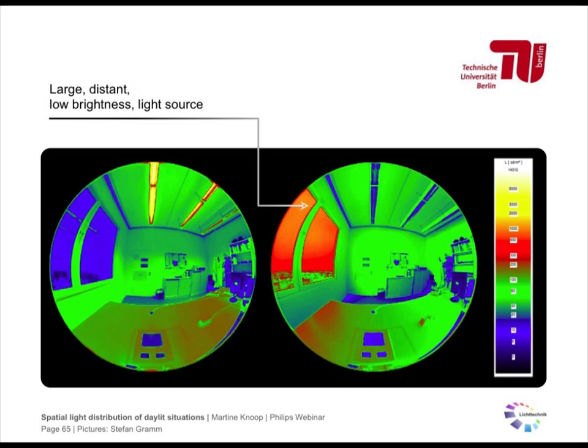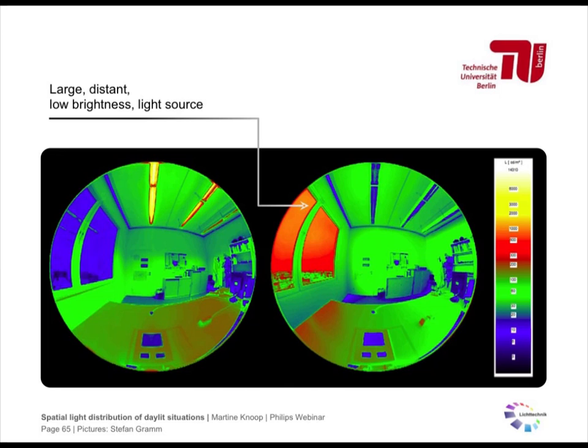So if we go back to the luminance pictures of the PhD research of Stefan Gram, as said, color temperature was kept constant, horizontal illuminance was kept constant, but there are three things that really changed. We have a large source here instead of the smaller sources.